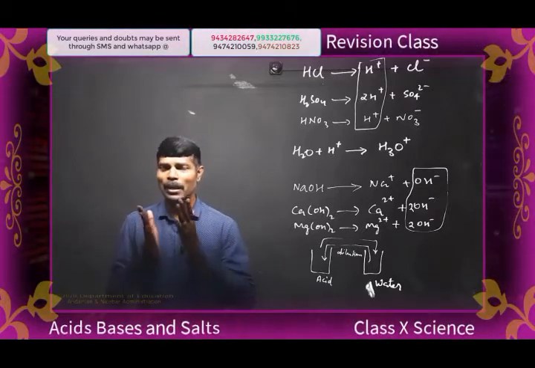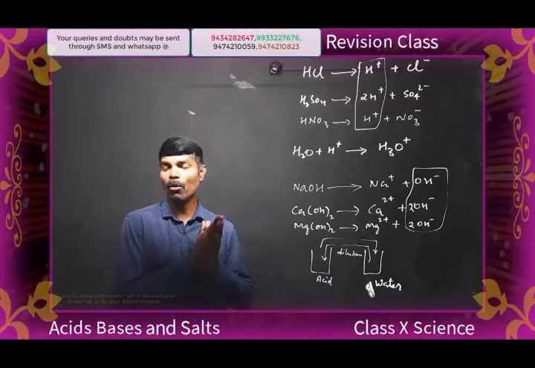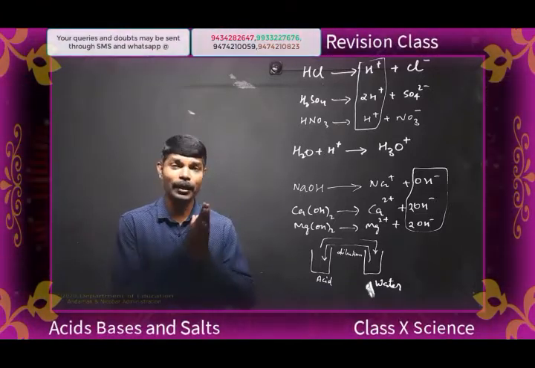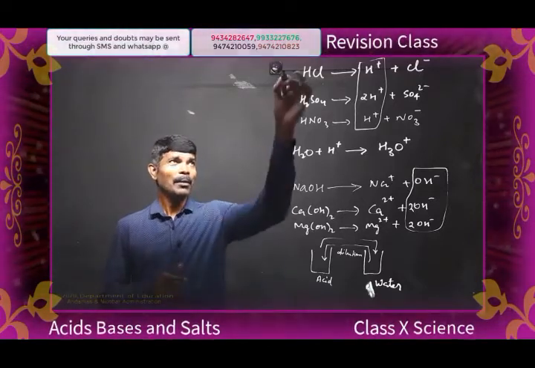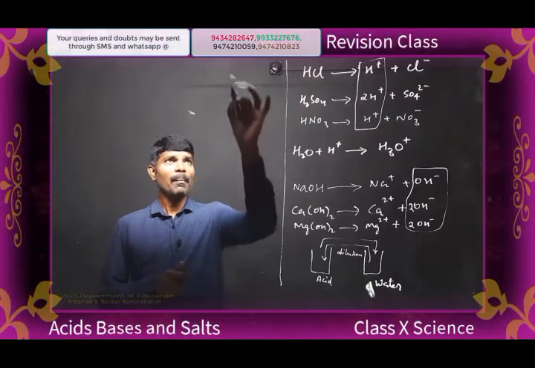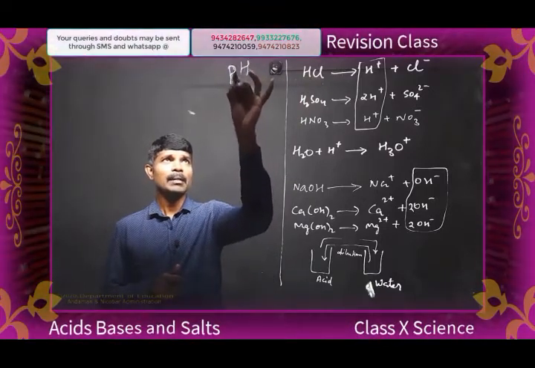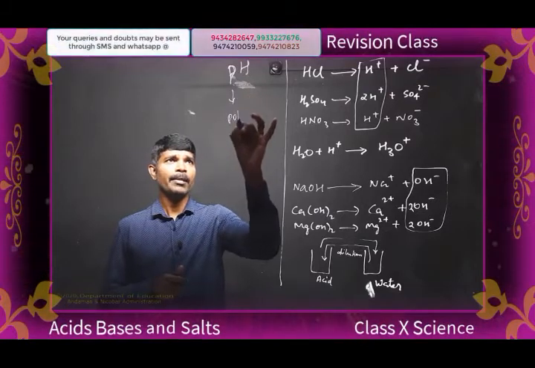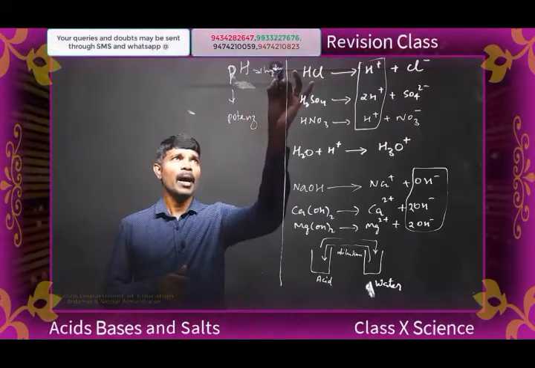Dear students, the strength of any acid or base is measured in terms of the concentration of hydrogen ion. The concentration of hydrogen ion can be known by a scale called pH. Here P stands for potence and H is for hydrogen ion.